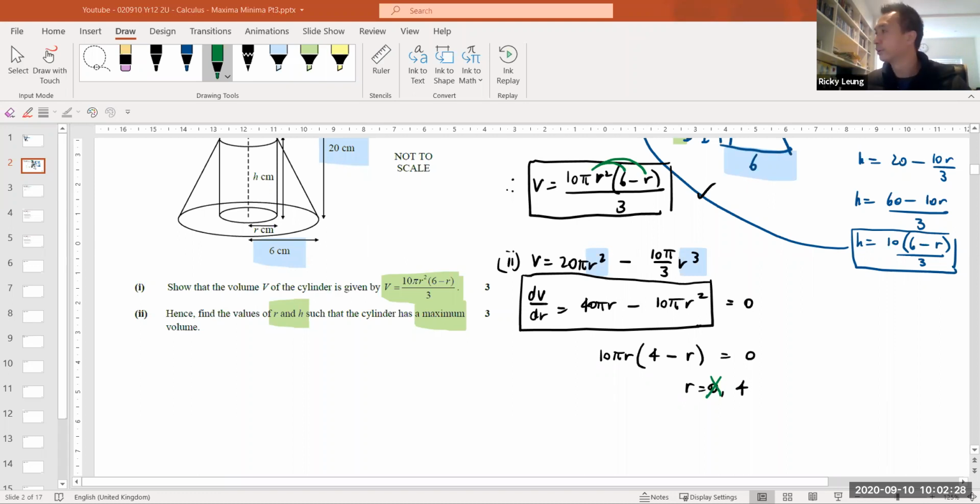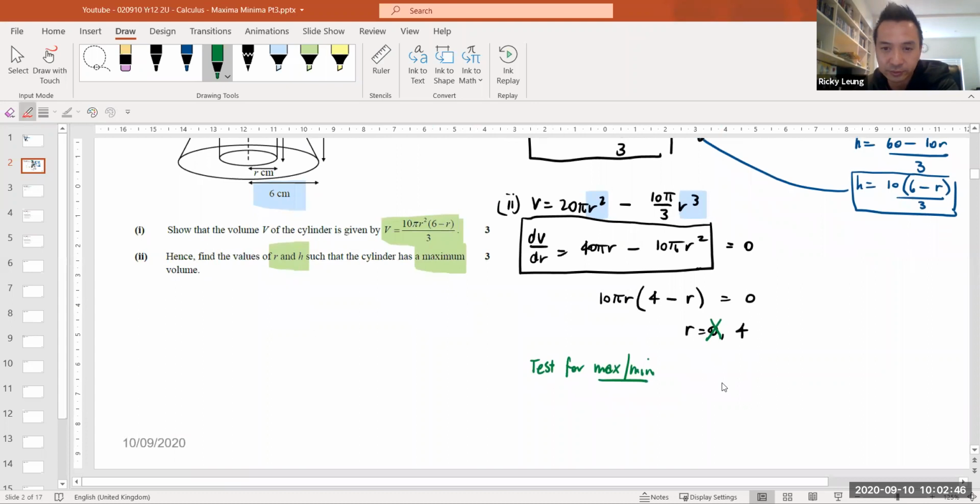So r equals 4 is what I'm going to test for max min. So step 1, differentiate. Step 2, solve. Step 3, test for max min.